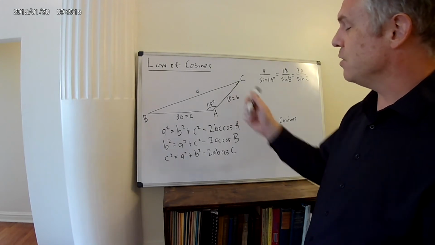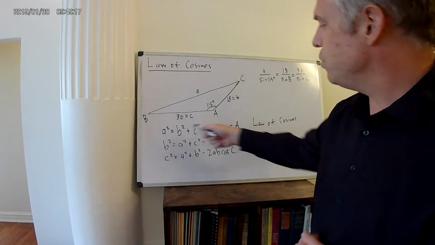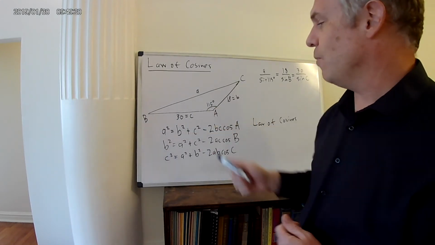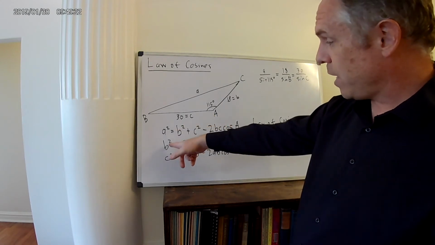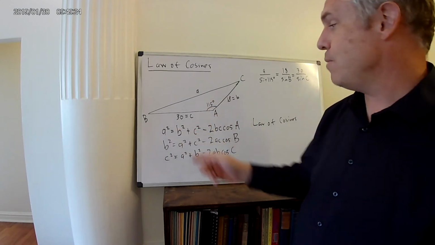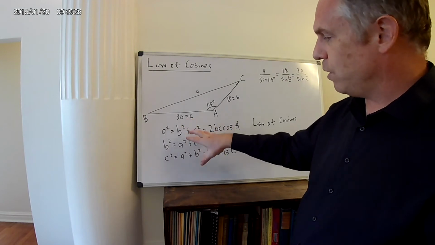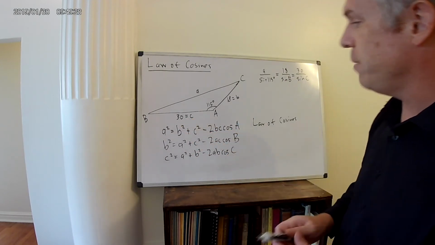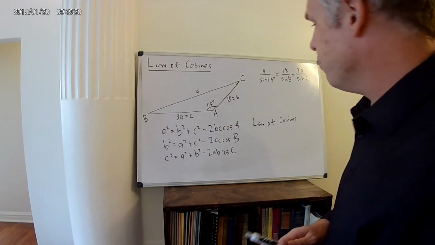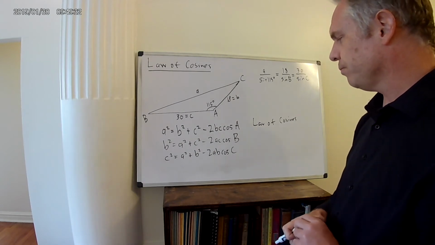They're just applied to different sides. And once you know one version, you know the other ones, because all we did for the second version was switch A and B. For the third version, we just switched A and C. So these are all the same law, but we can apply them to all three sides of a triangle.